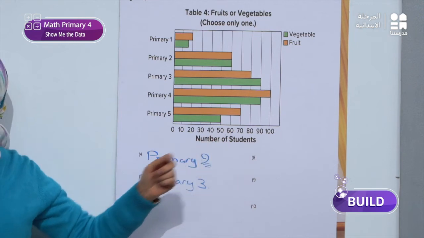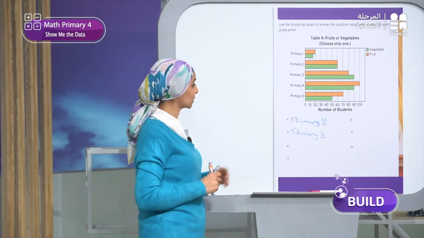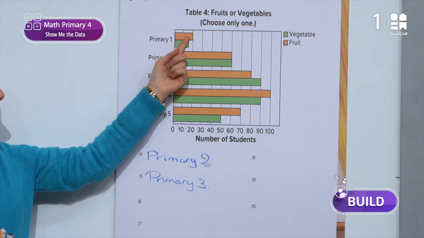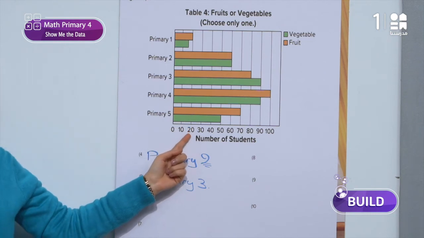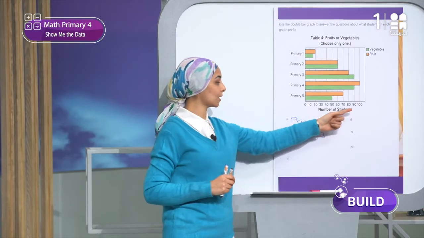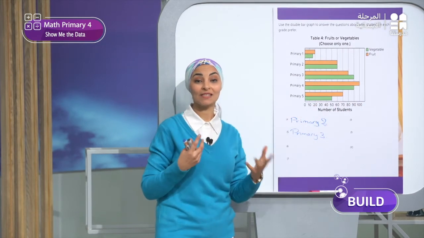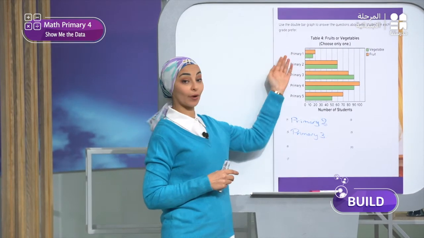In the same way, we can find the number of students in primary 1 who like fruit. I go to primary 1, to the end of the orange bar, and go down. So they are 20 students, right? Here 100 students and here 20 students. I want to know how many more students in primary 4 than primary 1.